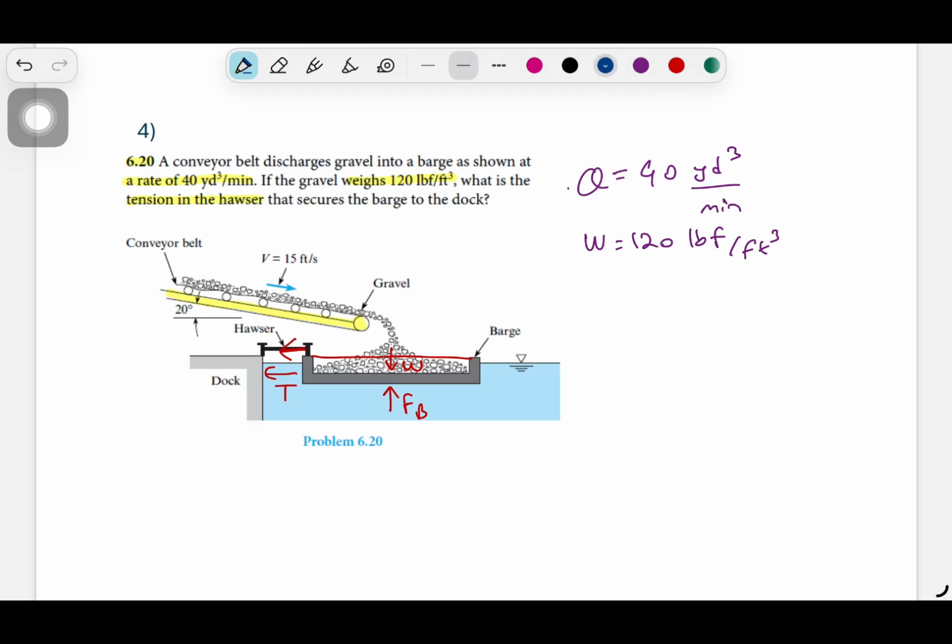So first, let's start with a more common term for the flow rate. So it is 40 cubic yard per minute. This will be equal to 18 cubic feet per second. And also the velocity was given in the question, and the velocity is 15 feet per second.